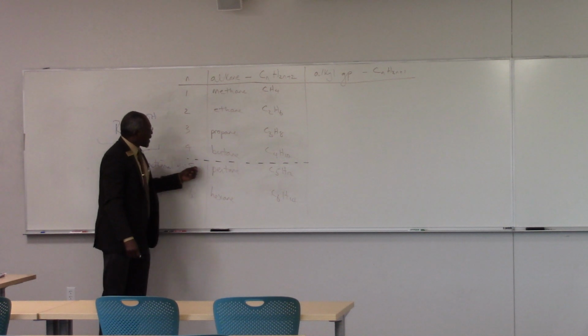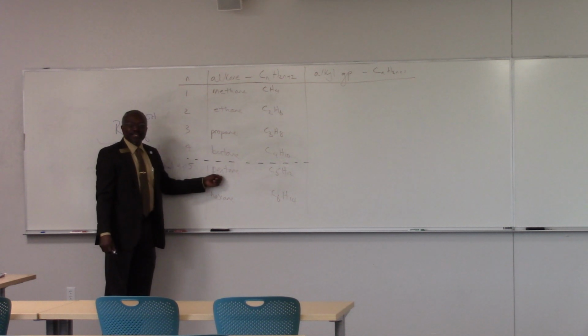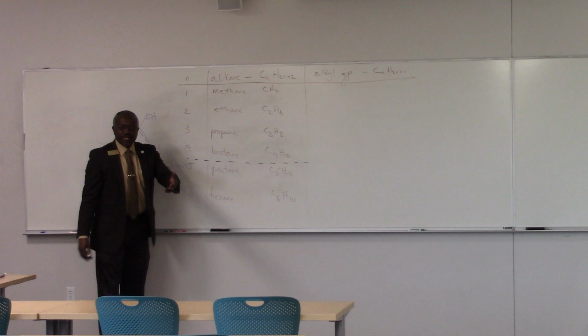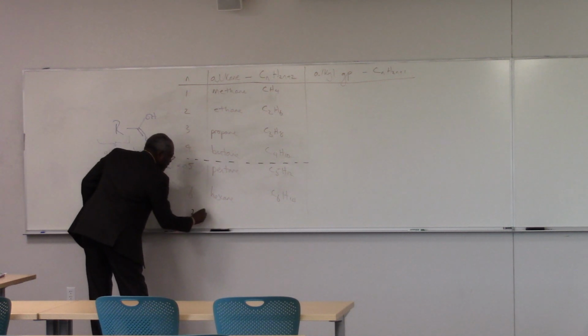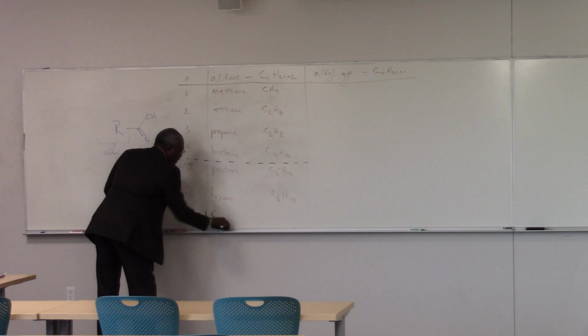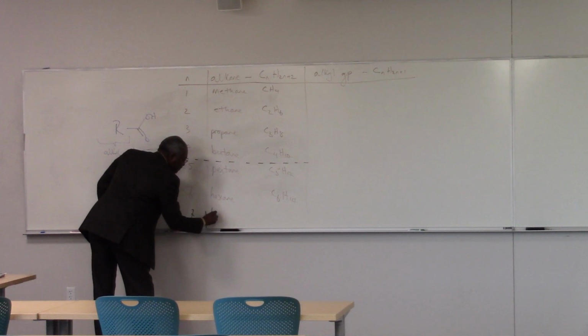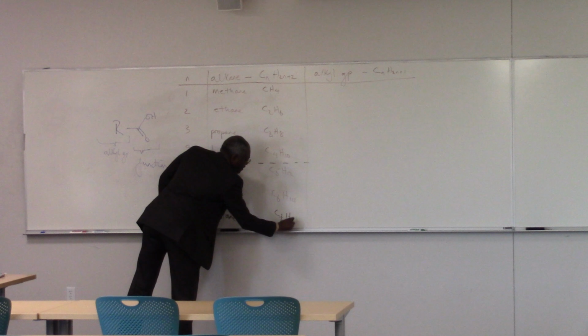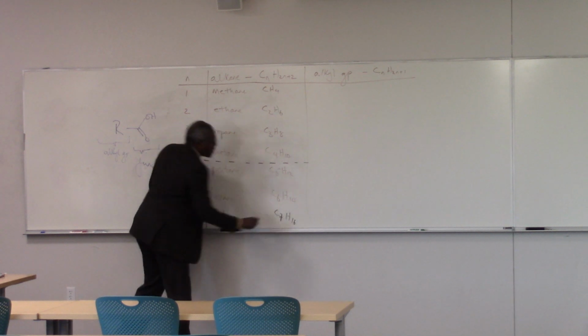But when I get to 5, pent is the accepted prefix from the Latin for 5. Hex is the accepted prefix for 6. Hept is for 7. So this would be heptane, which is C7H16, and so on.